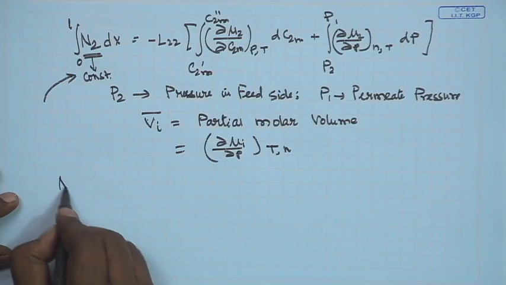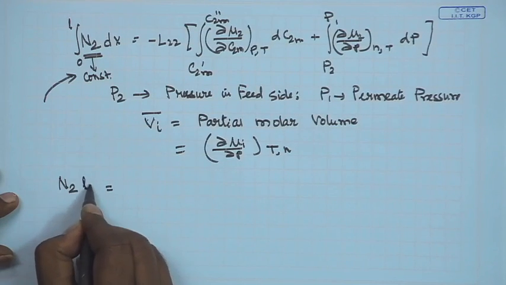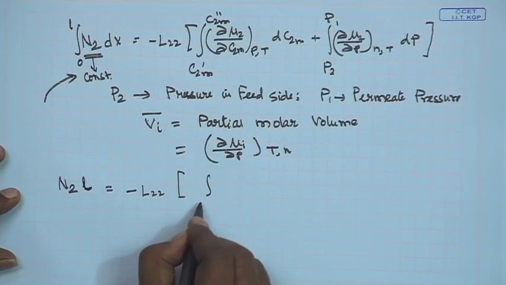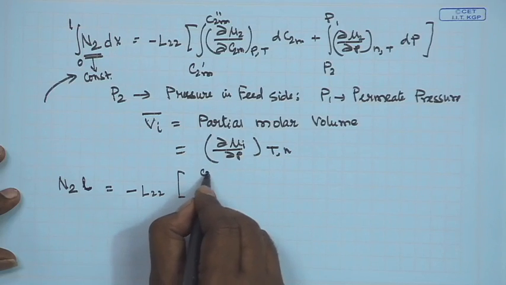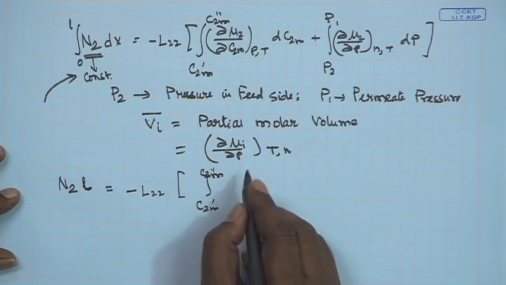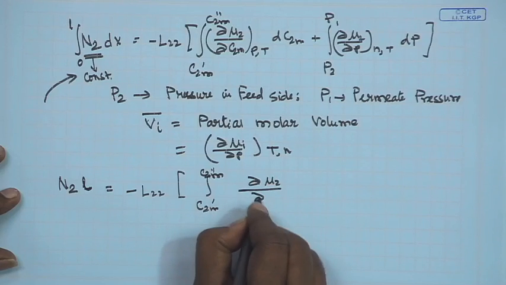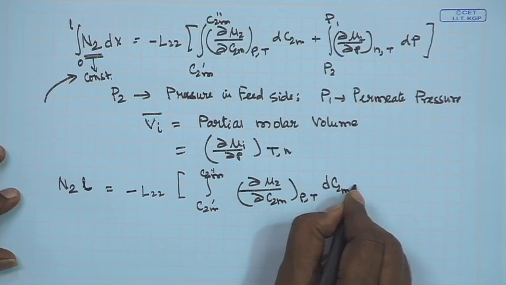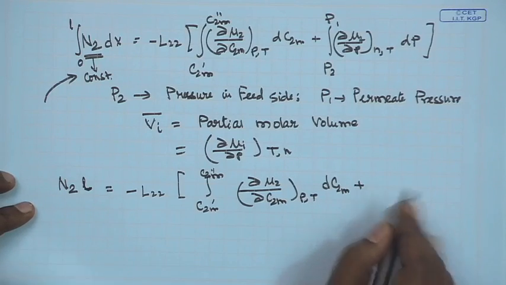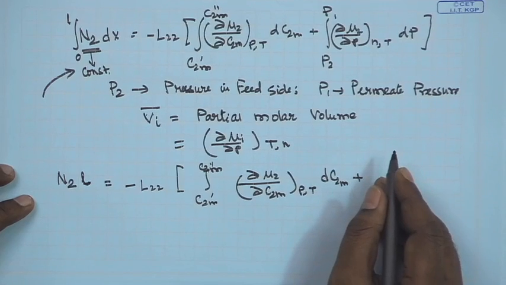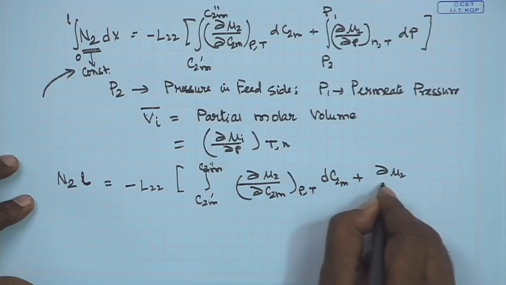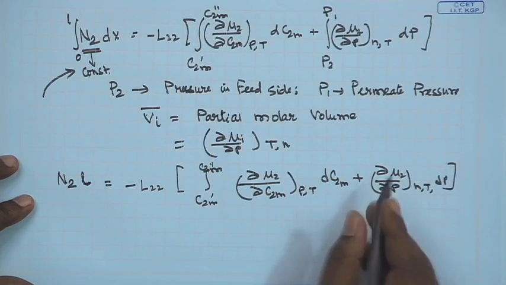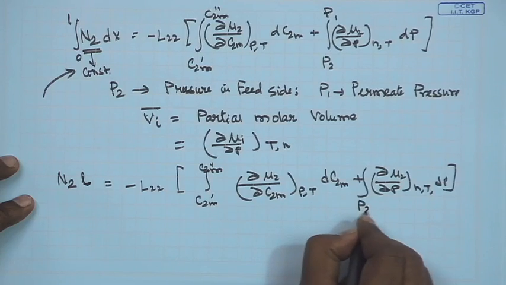So, we can write N_2 times L is equal to minus L_22 times the integral from C_2m prime to C_2m double prime of del mu_2 del C_2m at constant p and T, dC_2m, plus del mu_2 del p, which we can substitute in terms of the molar volume, at n and T, dp, from P_2 to P_1.